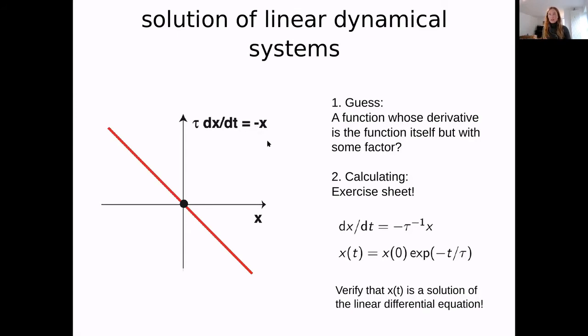And you probably know that this is true for the exponential functions. So our solution probably is x of t is the initial condition x of 0 times the exponential function of minus t over tau. And this is where this minus tau factor comes from.